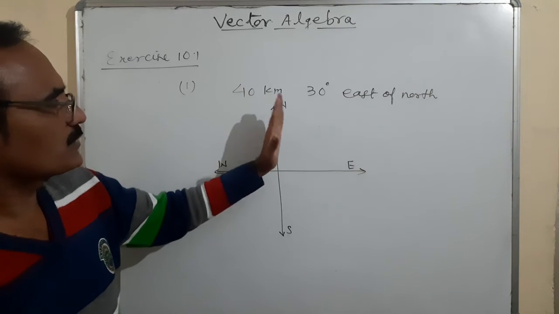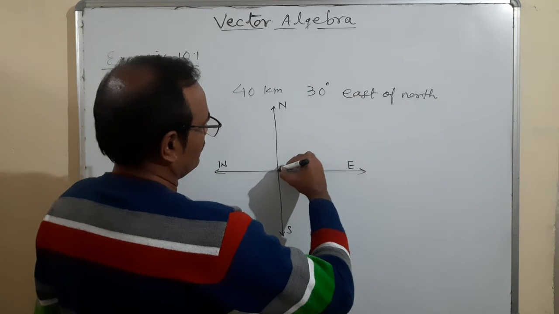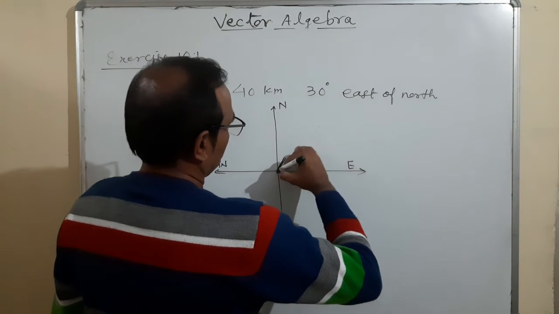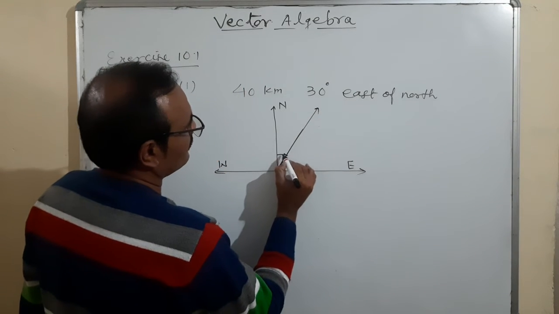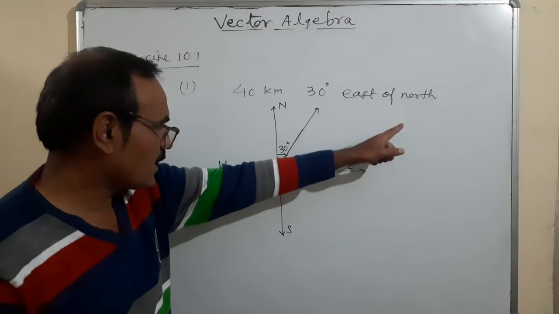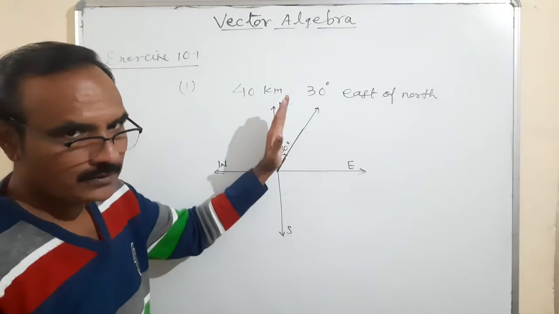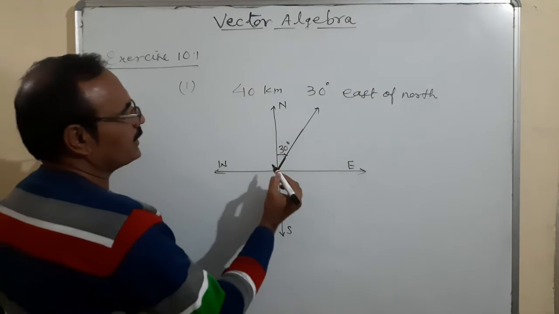East of north, so that means from here, this is making 30 degrees, east side from the north. 30 degrees and 40 kilometers.